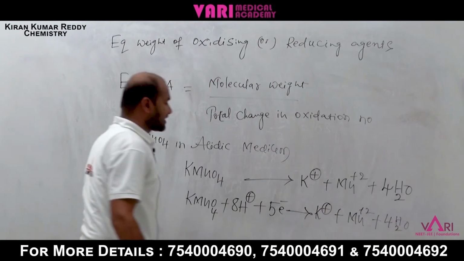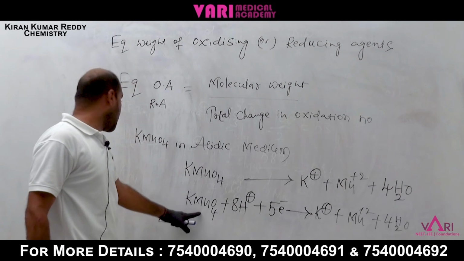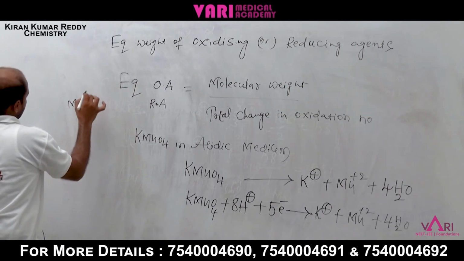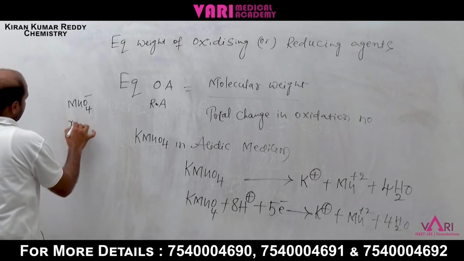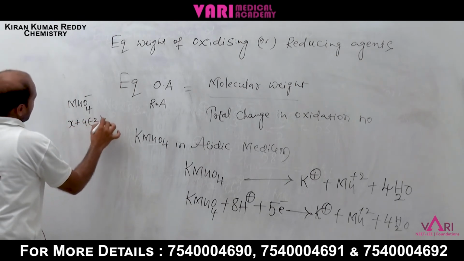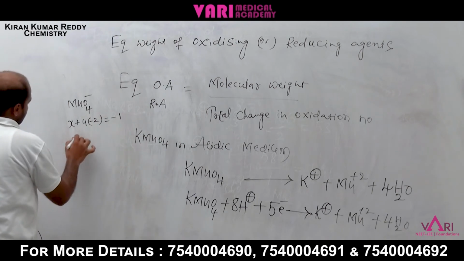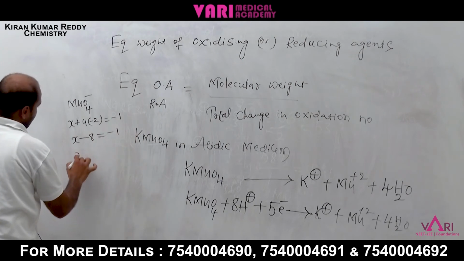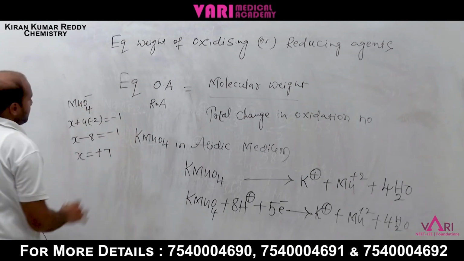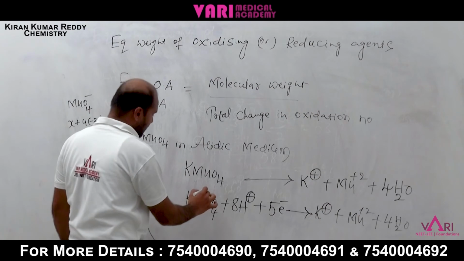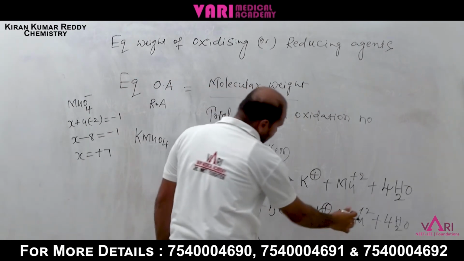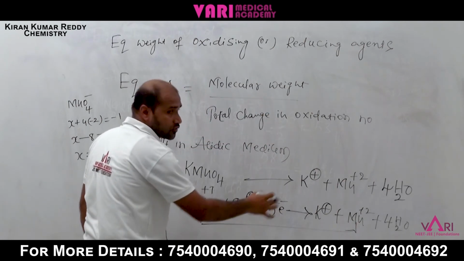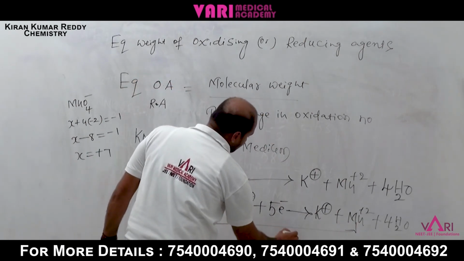Here is the change in oxidation number. KMnO4 means MnO4 minus. What is the oxidation state? x plus 4 times minus 2 is equal to minus 1, so x minus 8 is equal to minus 1. x is equal to plus 7. For this one it is the plus 7 oxidation state, and for this one the plus 2 oxidation state. From plus 7 to plus 2, what is the change? 5.